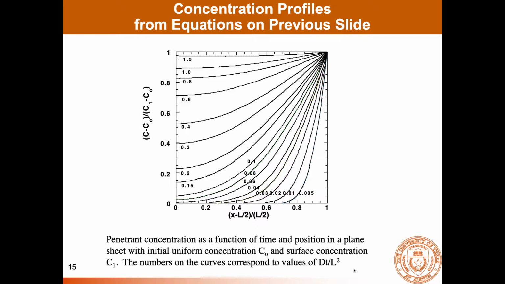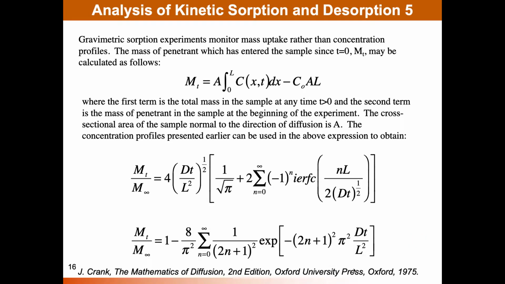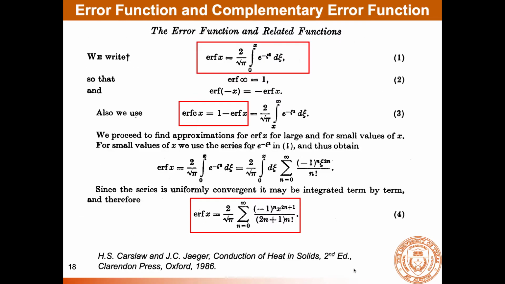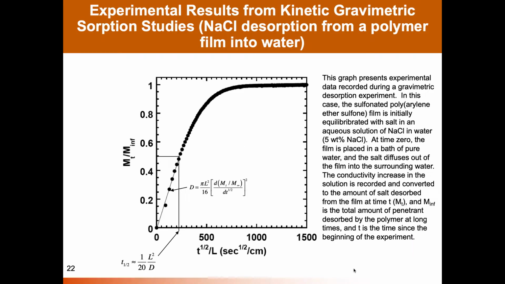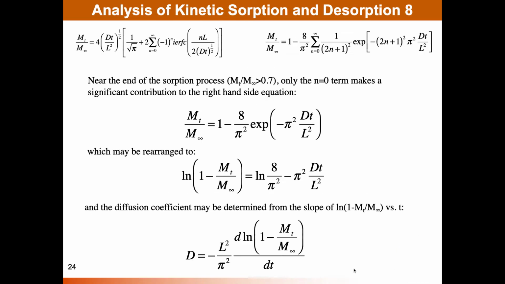And as the driving force decreases, then the flux, remember Fick's law is underpinning this, decreases as the driving force decreases. And so then the fractional mass uptake slows down. So as those concentration profiles meet in the middle, the fractional mass uptake starts to deviate from linear with the square root of time and eventually bends over as the sample fills up, or in the case of desorption, as it exhausts itself.